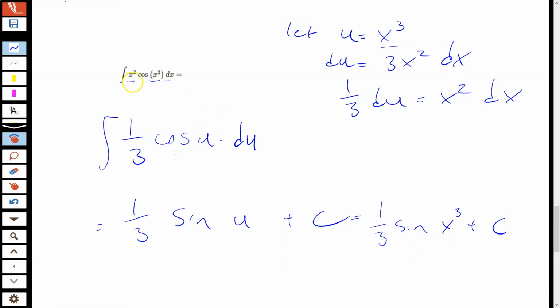Chain rule would give us this x squared on the outside, right? So that's where this comes from, it's a way of sort of undoing the chain rule in a lot of cases. But that's my result. And again, this works for any type of function, not just polynomial functions. Here's an example of what it might look like. In your practice, you're going to run into mostly polynomial functions.